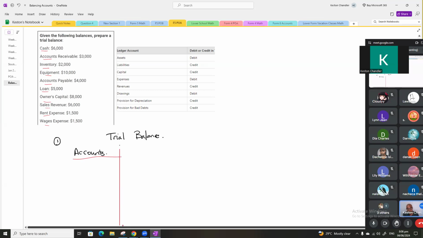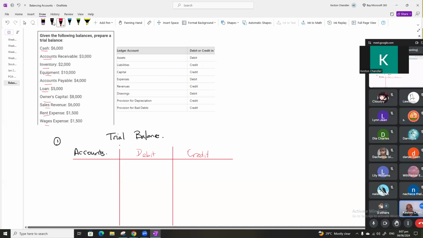Let's get another column. One here. So this is going to be for debit balances, and this is going to be for credit balances. Right. Then we need our accounts. So we have cash.